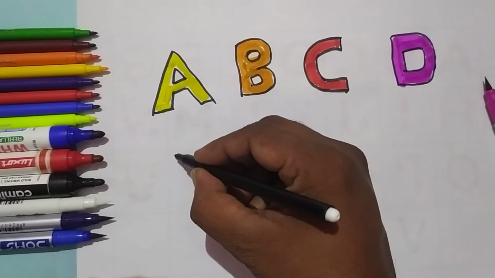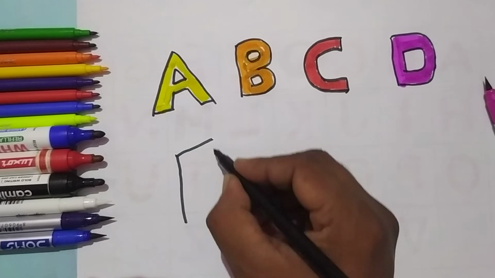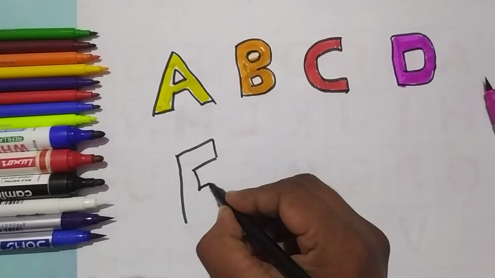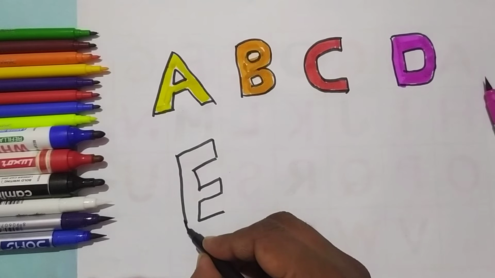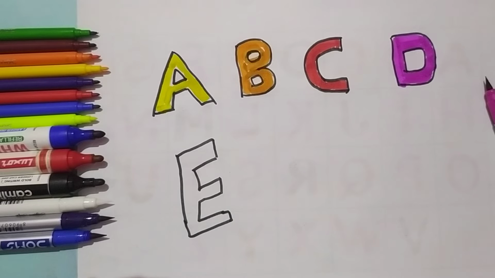E for elephant. E for egg. Which color? Using green color.